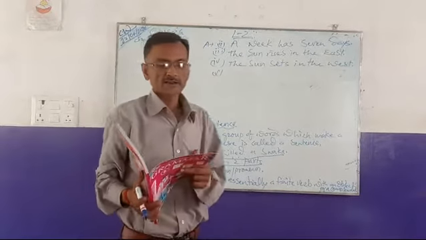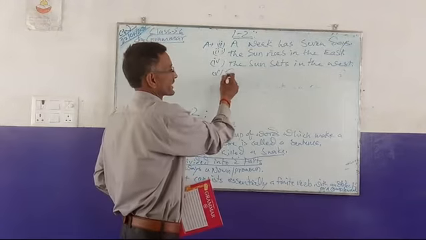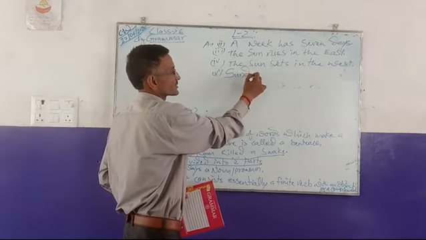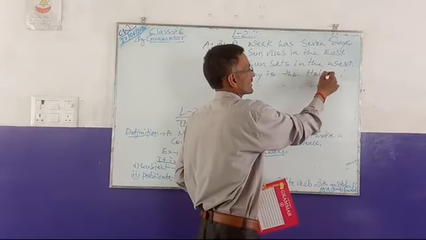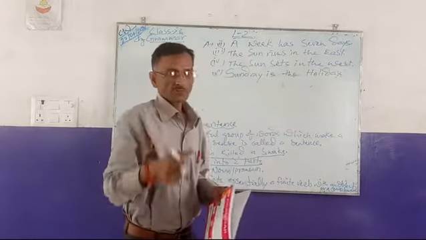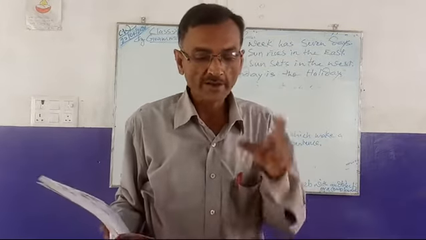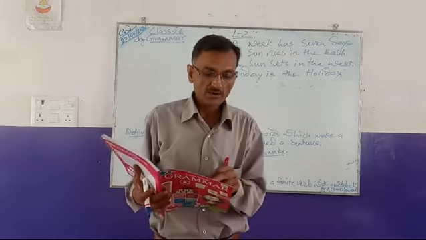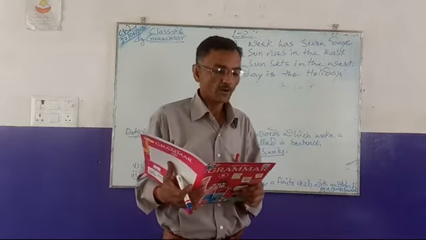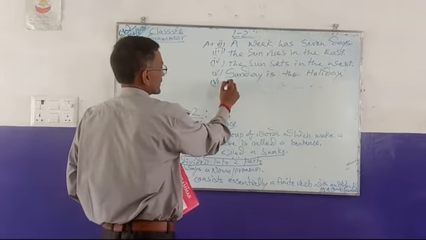This Sunday is a holiday, and this will be capital, not small: Sunday is a holiday. Like that, you have to change the word order to make it meaningful. The sea is making a noise. Rose is the beautiful flower. The rose is a beautiful flower.